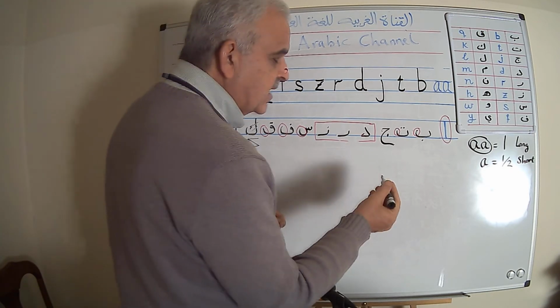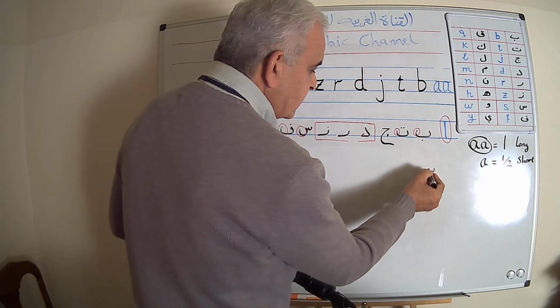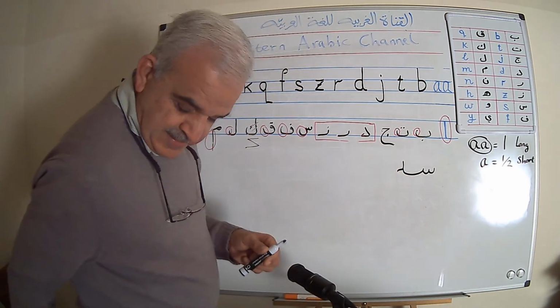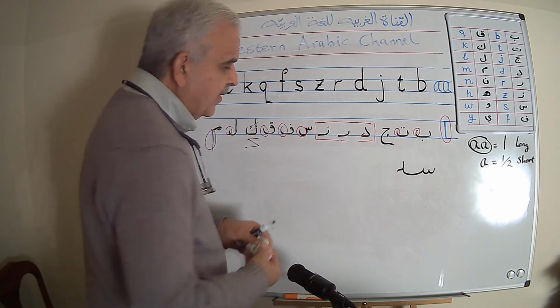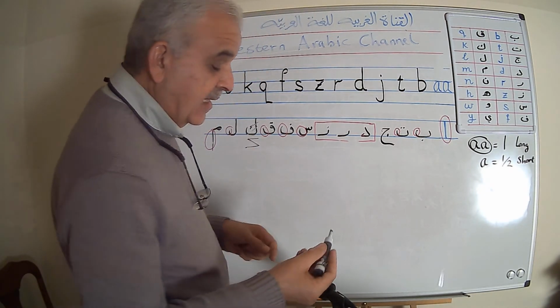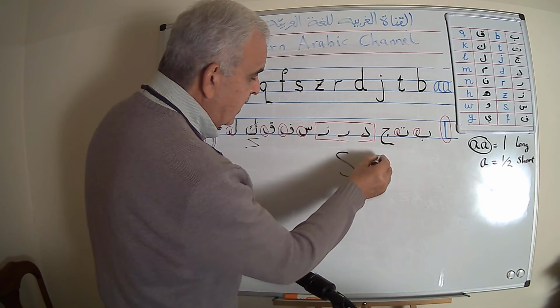So let's take, there's a name in Arabic called Salma. Salma. Salma.